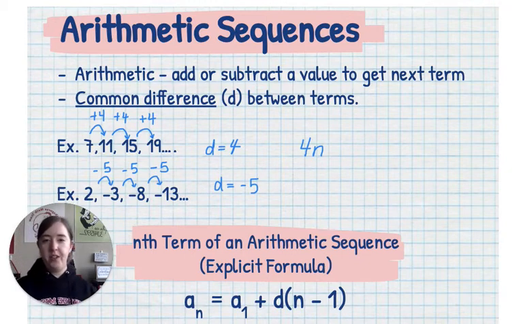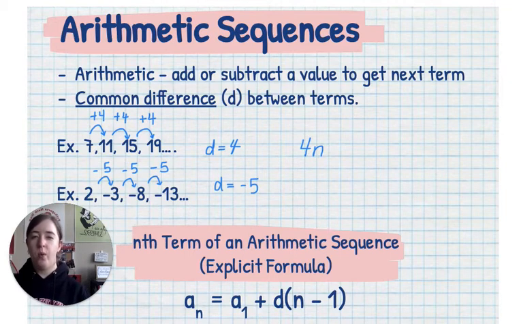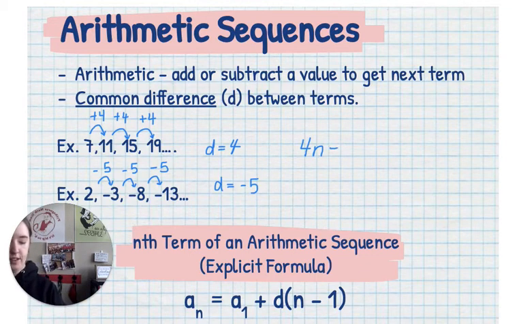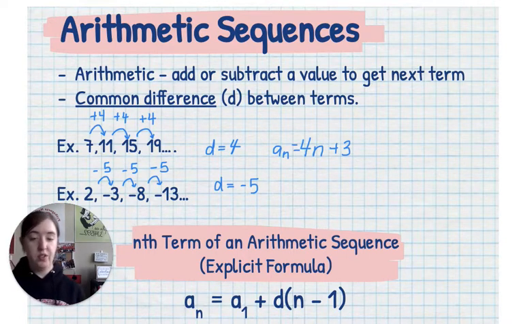Now on that first one, my first term is 7. So if I plug in 1 there, what do I have to add to 4 to get to 7? I have to add 3. So a sub n equals 4n plus 3. Go ahead and try to find the rule for the next one.